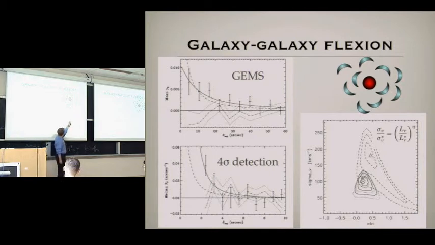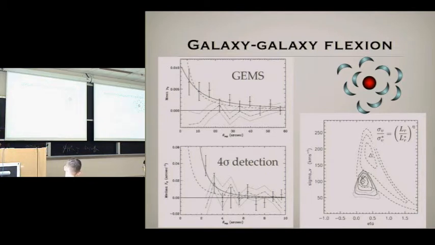That is flexion, that is shear. And because of the way that the chi-squareds look around here, the black, which is the combined, is very close to the shear at the moment. The inner contour 68, and 1, 2 and 3 sigma.